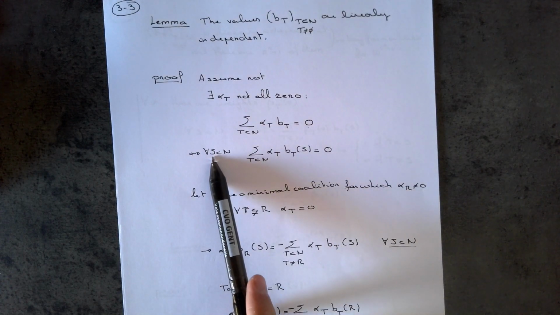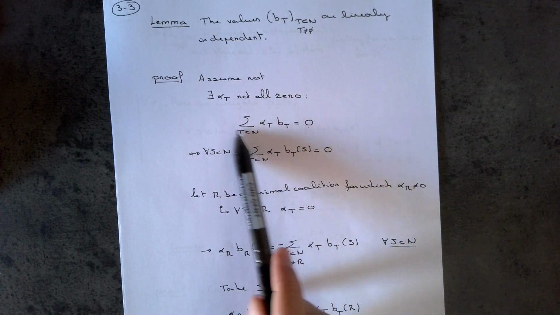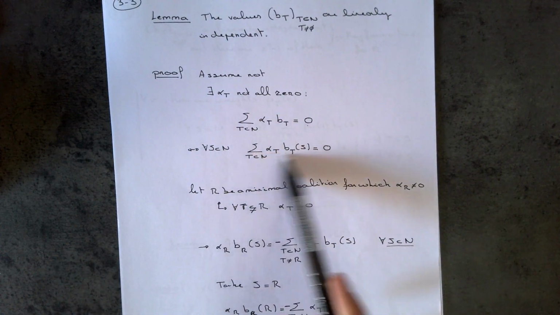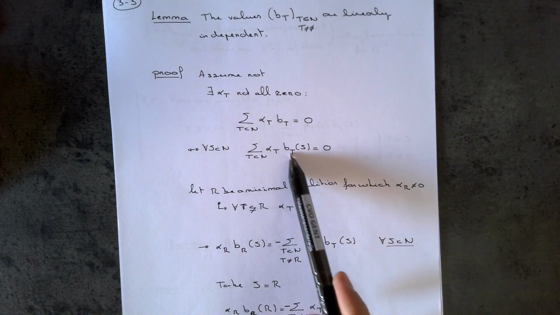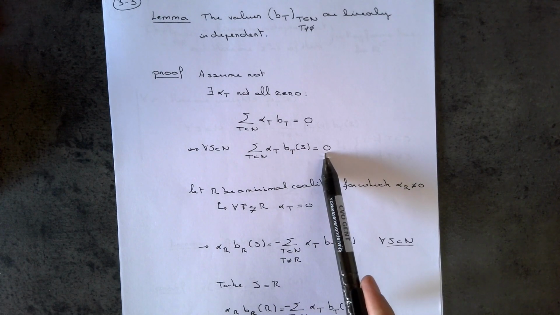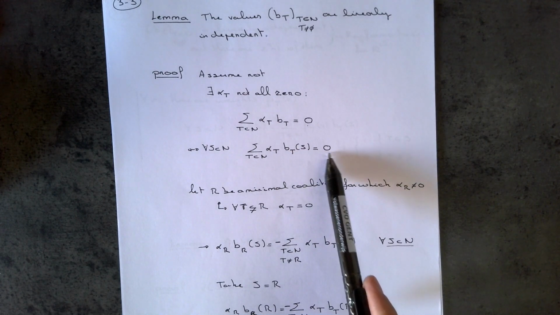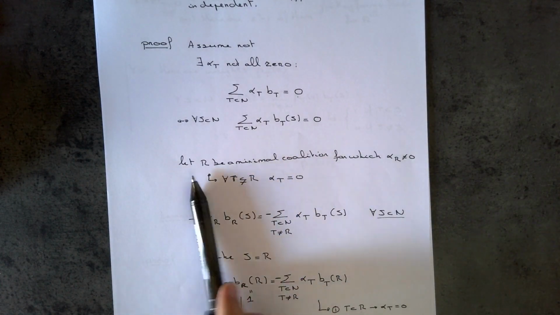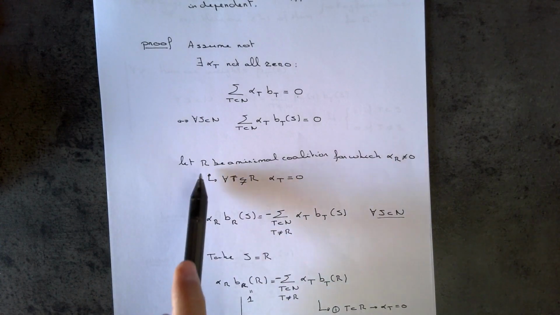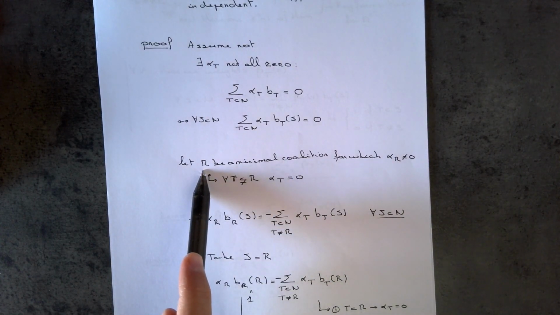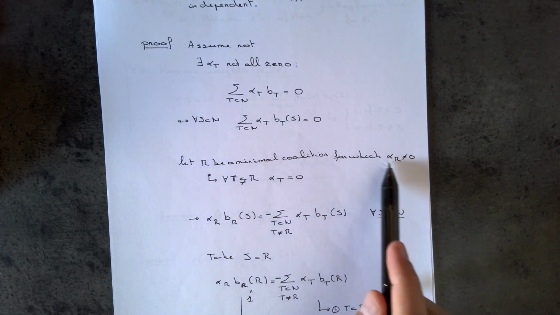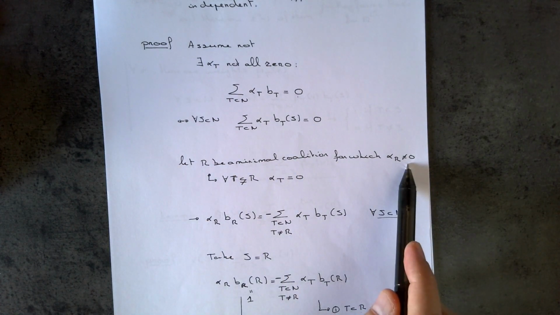In other words, for every possible coalition, if I evaluate this equality for this particular coalition, then the sum of alpha_T B_T(S) should be equal to 0. And now 0 is a number here. So far, so good. So let's take a coalition R, and R is the smallest, minimal coalition, so smallest in size, that satisfies alpha_R not equal to 0.